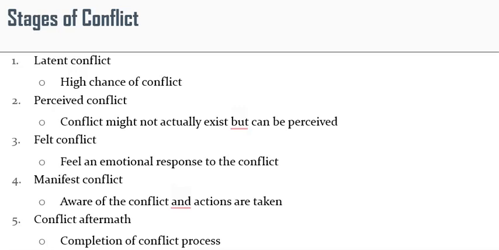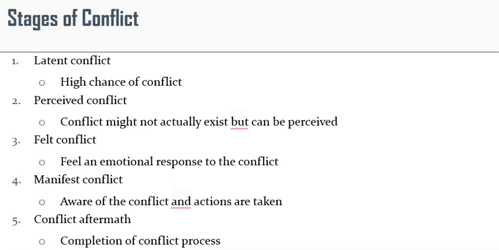Lack of communication. Number 3, felt conflict. Those involved begin to feel an emotional response to the conflict. An example: a nurse feels anger towards the nurse manager after finding out that they are scheduled to work 2 holidays in a row.